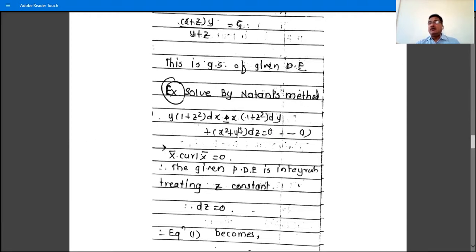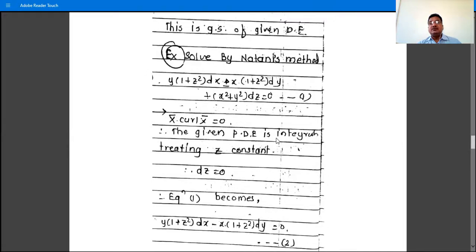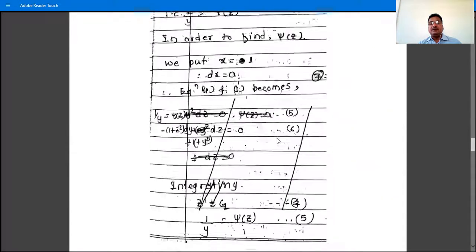And 1 by (1 + z²) dz, its integration is tan inverse z. Equal to 0, and therefore we have the answer: tan inverse y by x plus tan inverse z is equal to a constant of integration, suppose tan inverse c.